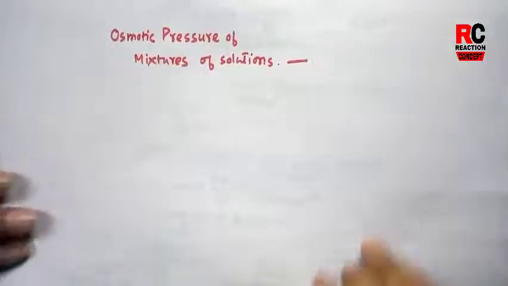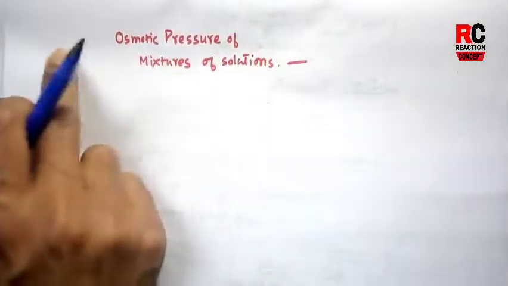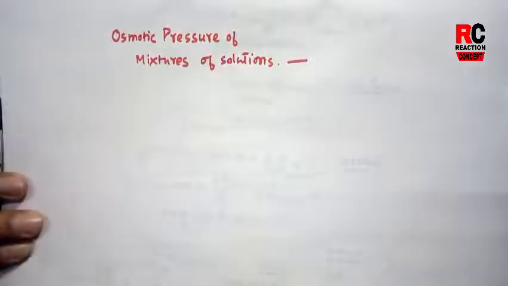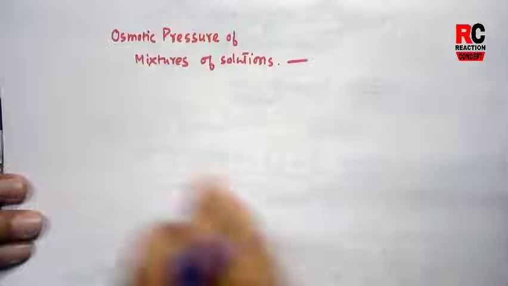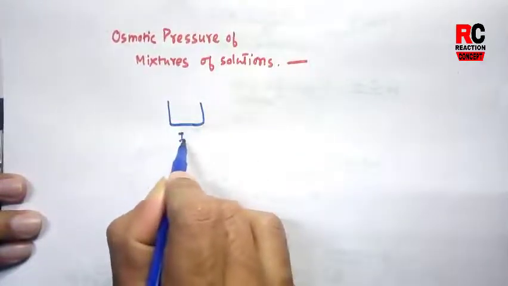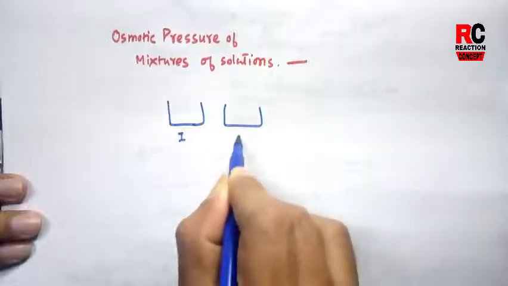Now we'll see the osmotic pressure of mixtures of solutions. That is, when we mix more than one solution, what will be the osmotic pressure of the mixture solution. Suppose you have two solutions, solution 1 and solution 2.